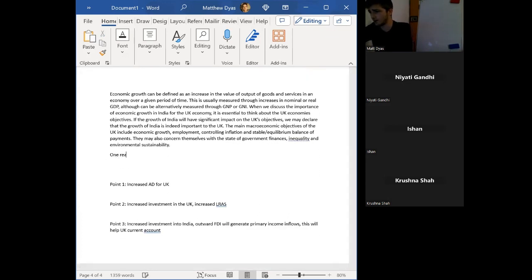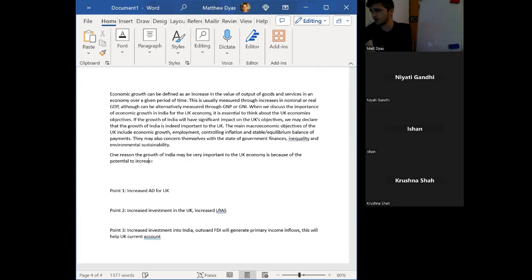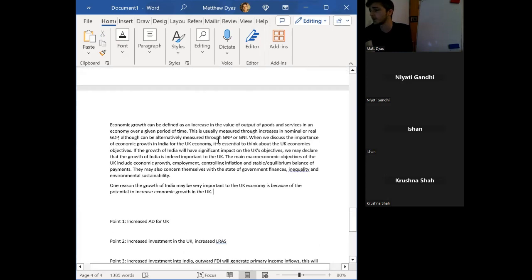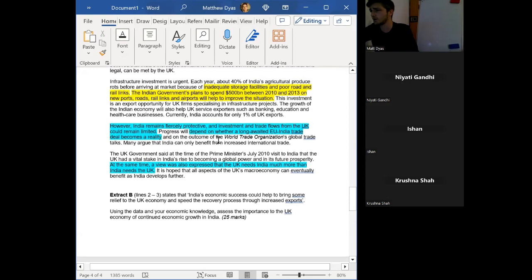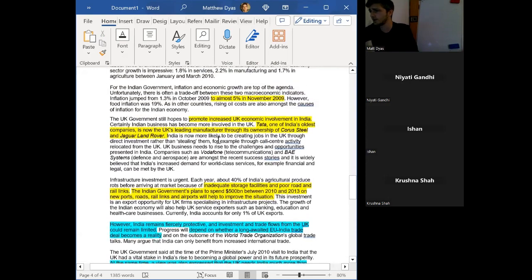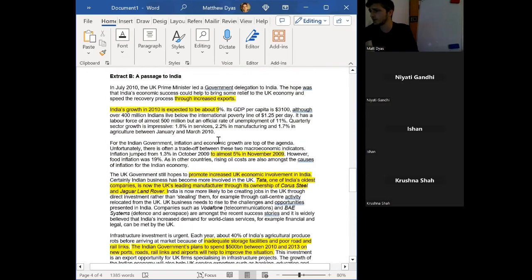One reason the growth of India may be very important to the UK economy is because of the potential to increase economic growth in the UK. Hopefully that sentence makes sense, but basically if India grows, this may encourage UK economic growth. So what I'm going to do here is make some quotes.